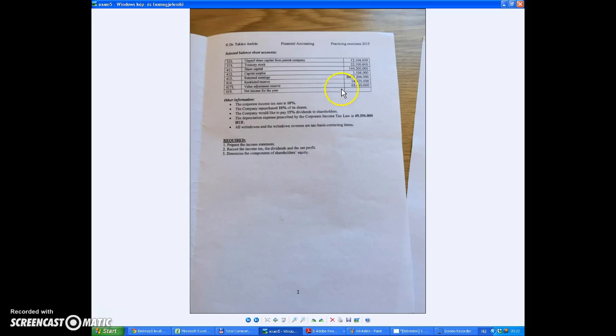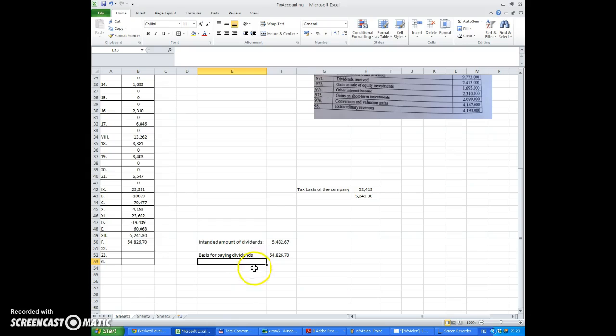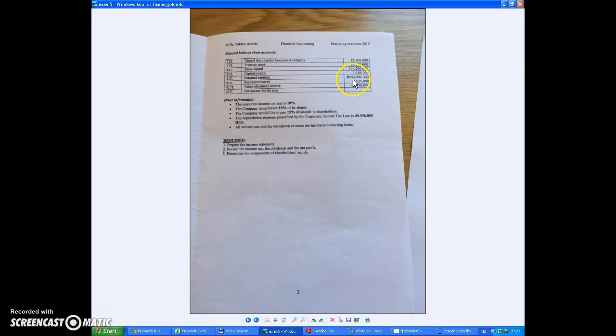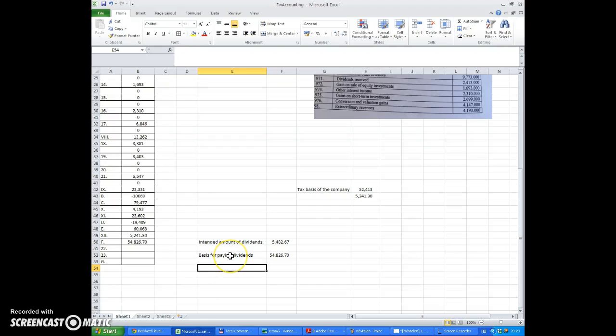So let's see our limitations. We have for limitation this debit of retained earnings. This is 33204.